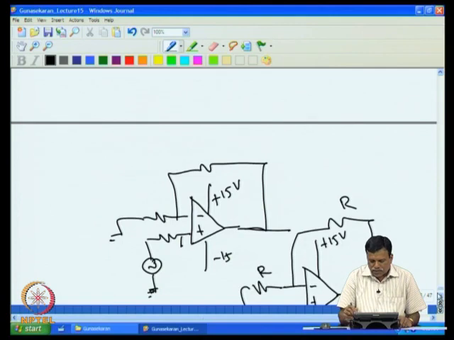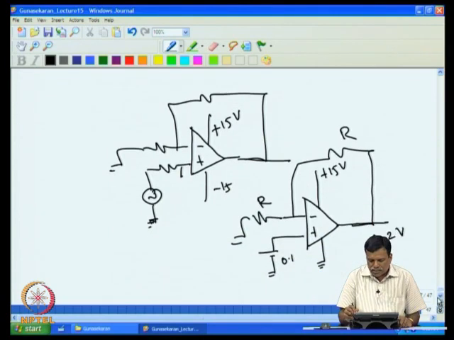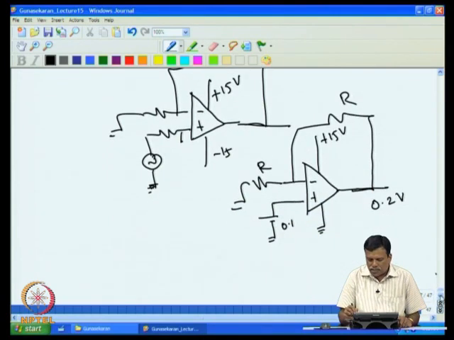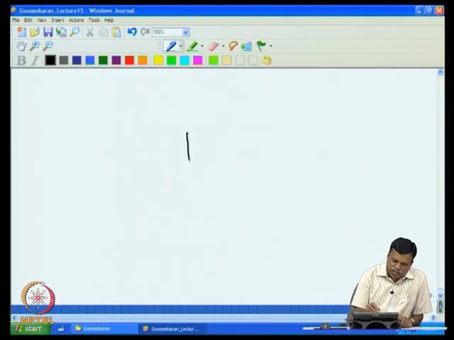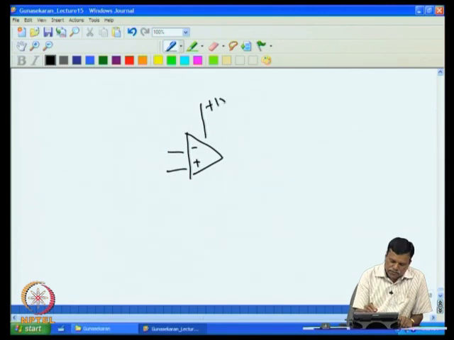So that's what we have done in this case. For example, many times if you want to use a single supply, we can also make a floating ground. Say we have a plus supply alone, and then you have a ground.